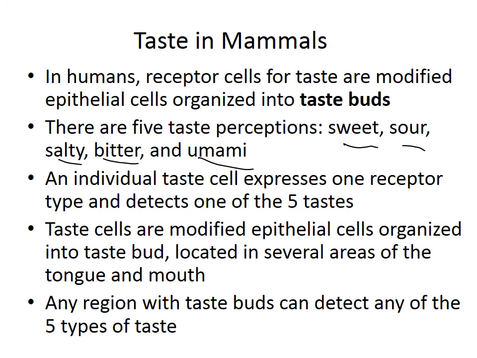These taste buds are located in several areas of the tongue and the mouth. Any region with taste buds can detect any of the 5 types of taste. So if you've heard that you can only taste sweet things from the tip of your tongue, that's incorrect.